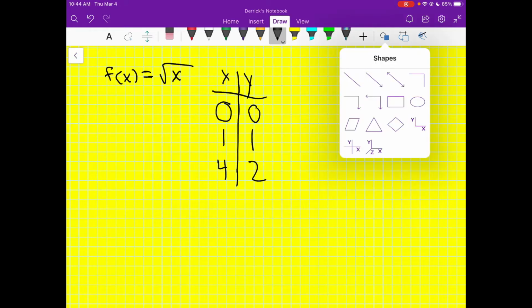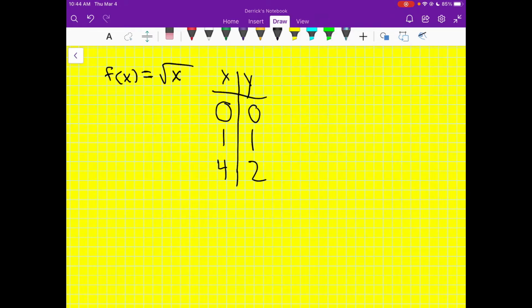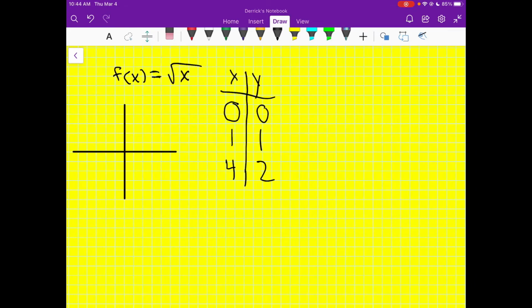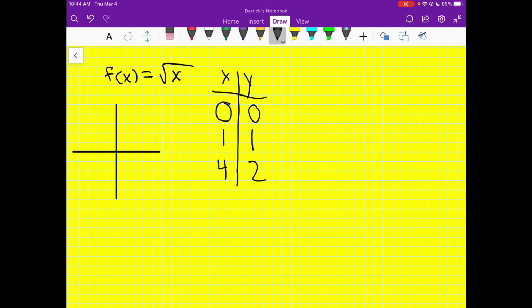And so what we see, if we go ahead and graph this out then, what we'll see is we put a dot here at 0, 0, put a dot at 1, 1, and then at 4, 2.